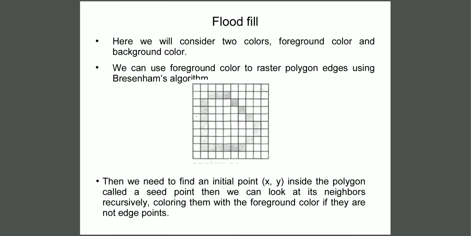If the color of a neighboring pixel is already the foreground color, then that indicates it is the edge of the polygon. So we'll leave it as it is and stop identifying neighboring pixels in the same direction, because we have already reached the edge of the polygon in that direction. We don't want to update the pixels which are outside the polygon, so when we reach the edge of the polygon, we'll stop identifying neighboring pixels and updating the foreground color.